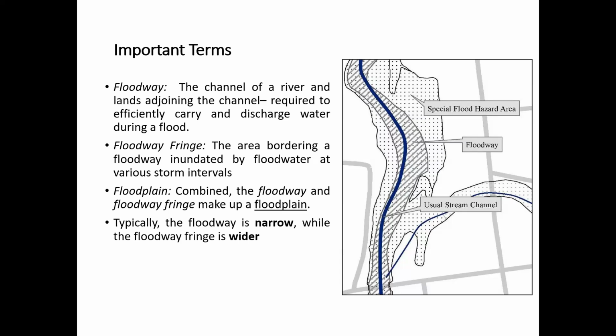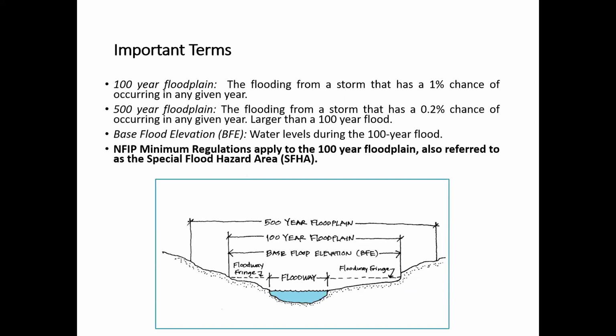There are different size floods and floodplains, and this is where we get into 100-year, 500-year, 10-year. So the 100-year floodplain is the floodplain from a storm that has a 1% chance of occurring in any given year.